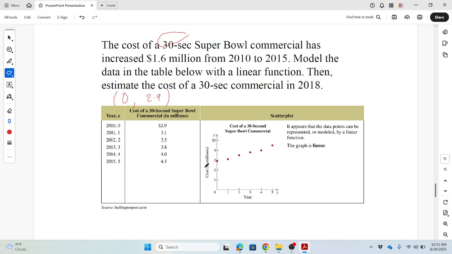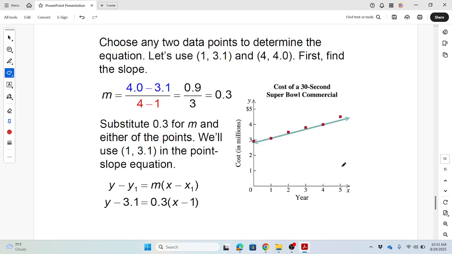And now you have to come up with the curve which best fits this data. In this case, a line can be used to best fit the data. From this information, we can find the slope of the line, which is y2 minus y1 over x2 minus x1. You can pick any points from this data, and that gives you the slope.